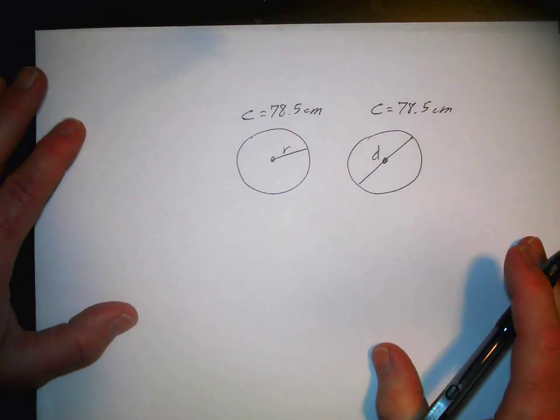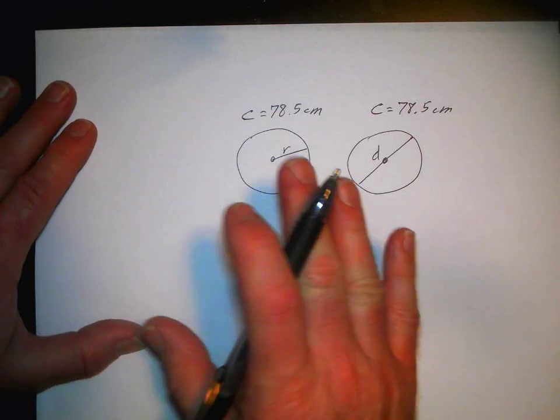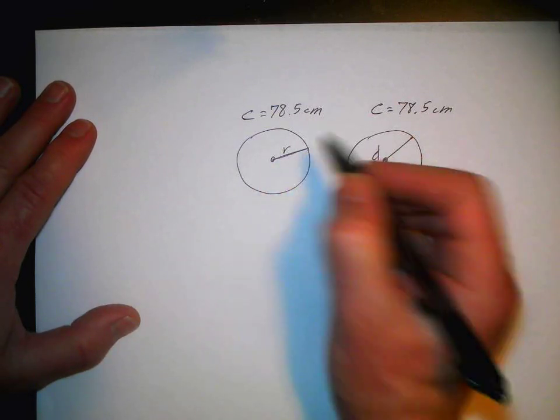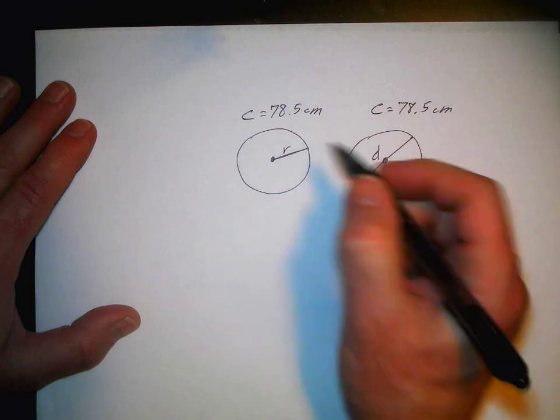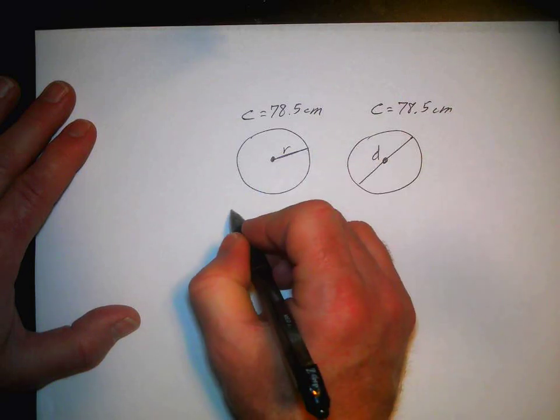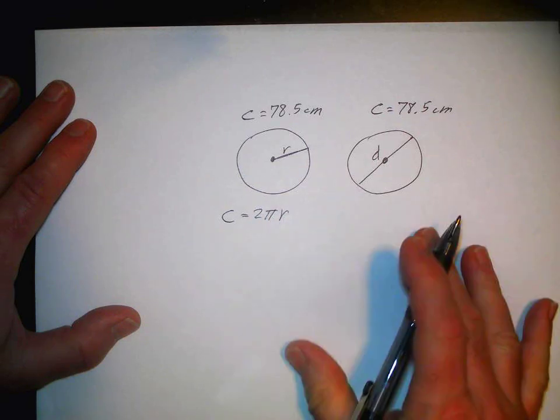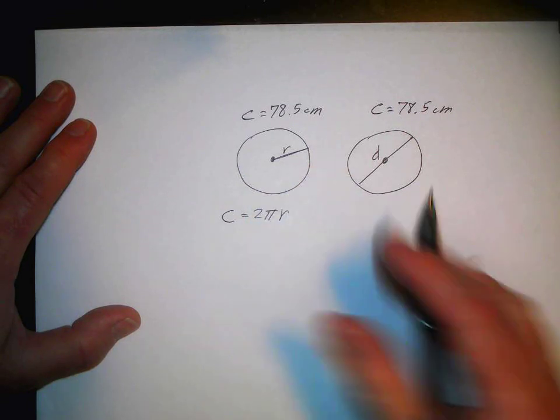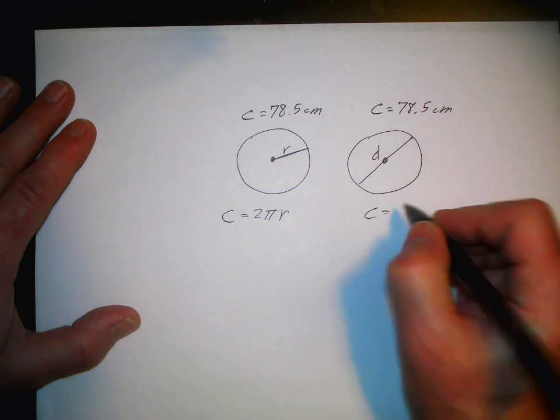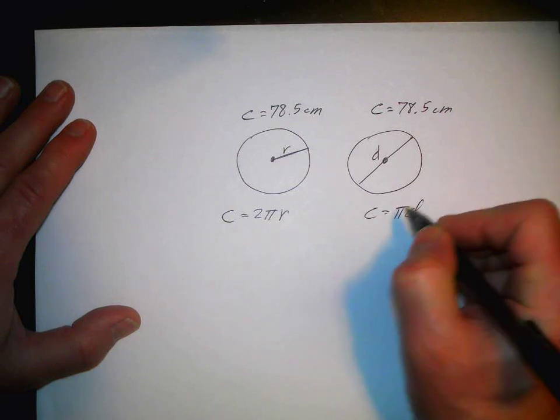Now, the circumference formula for a circle that is using the radius is going to be c equals 2 pi r, just like we had before. And this one is going to be c equals pi times d. Okay?